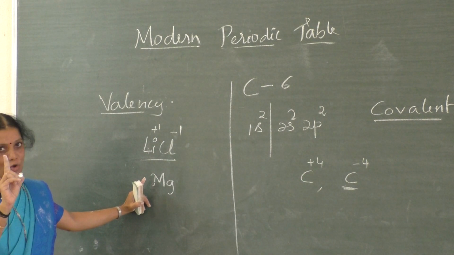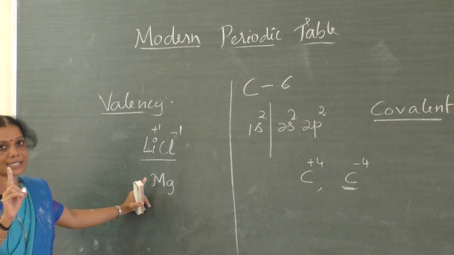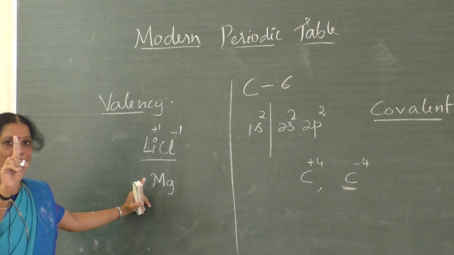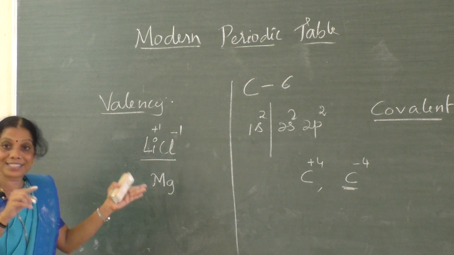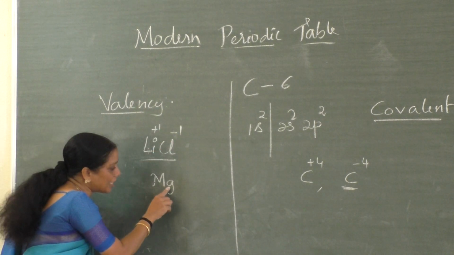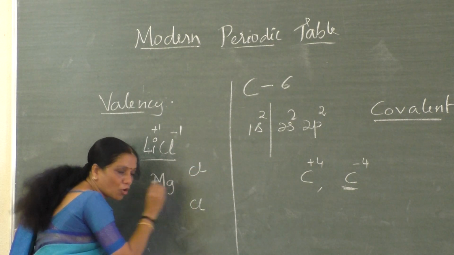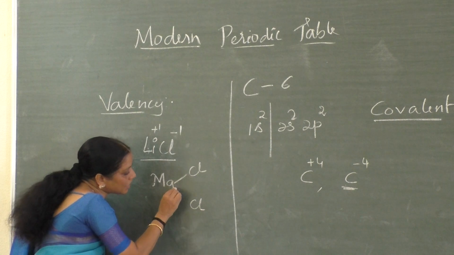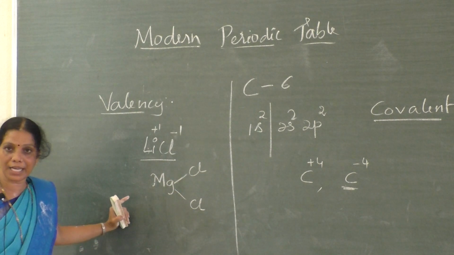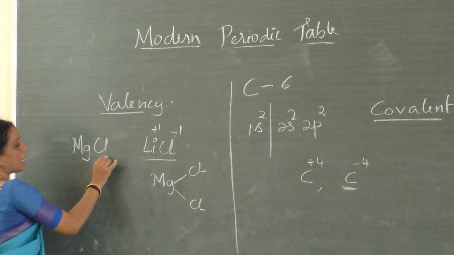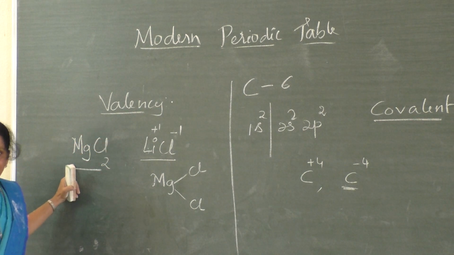Not with a single chlorine, because a single chlorine atom has a tendency to gain only 1 electron to reach the octet or the stable state. Hence, magnesium donates its electrons to 2 different chlorine atoms, resulting in the formation of MgCl2. Nothing but the simplified formula is MgCl2. See, we can write like this.